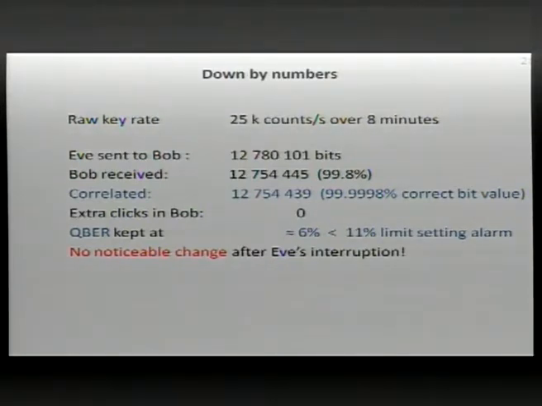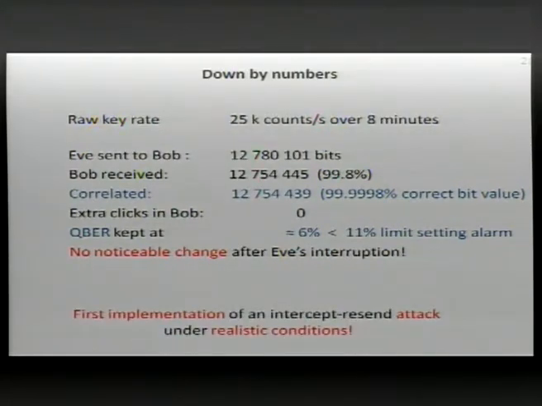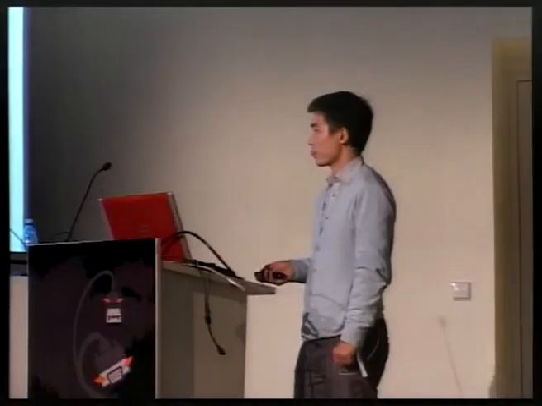And if we compare the QKD parameters, the key generation rate is always kept at 25,000 per second, and the quantum bit error rate is kept at 6%, which is lower than the alarm limit. This is very important, and there's no noticeable change after Eve's interruption. So we can see that we have done the first implementation of an intercept-resend attack under realistic conditions.